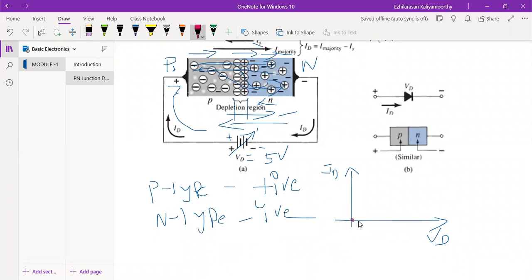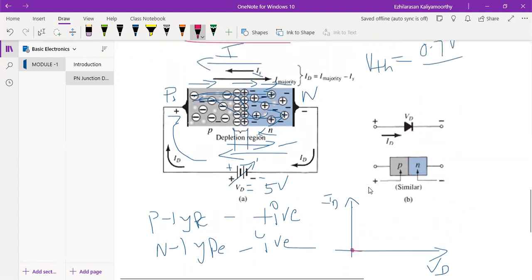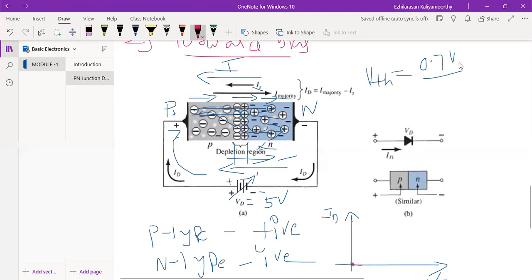Next, VD is equal to 0.1, then also it won't conduct. When VD is equal to 0.2, then also the device will not conduct, current will be 0. VD is equal to 0.5, then also the device will not conduct. Why? Because here the threshold voltage is, we said, 0.7. What is meant by threshold voltage?